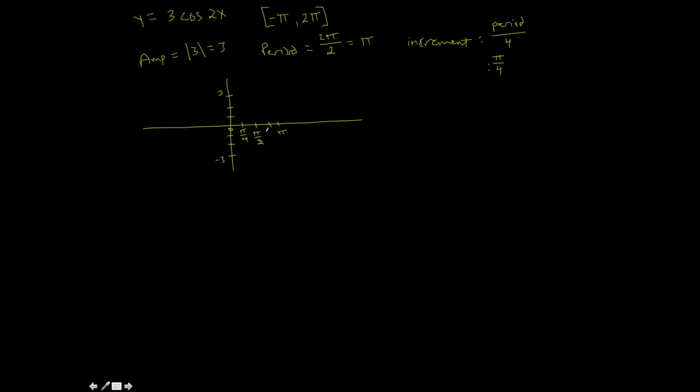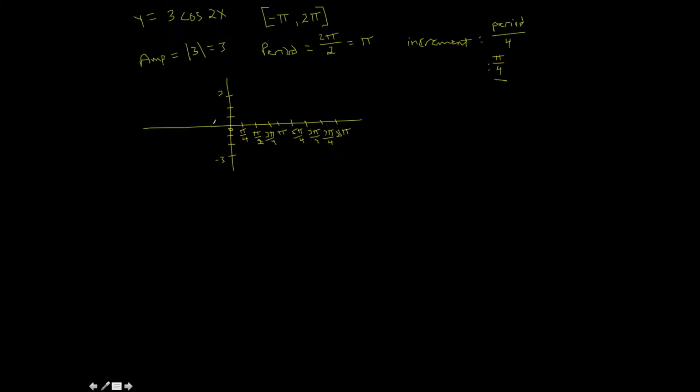What is this one at, by the way? This is 3 pi over 4, right? This will help you learn your unit circle as well. Alright, we have pi, which is 4 pi over 4. 5 pi over 4. 6 pi over 4, which is 3 pi over 2. 7 pi over 4. And 8 pi over 4, which is 2 pi. Now this is scaling our graph by pi over 4. That's what that increment is.